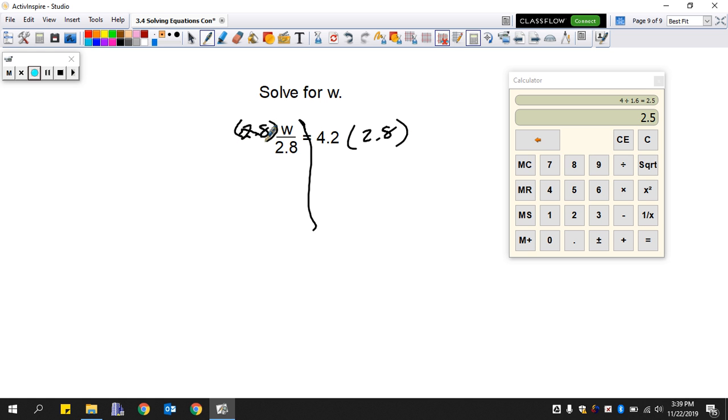This cancels out. We're left with W is equal to 4.2 times 2.8, and we're left with 11.76.